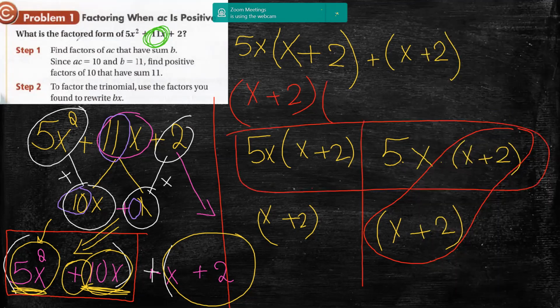If we remove x plus 2, what will be in the rest here? 5x. And if you remove x plus 2 here, what will you get? Nothing. A 1. So by now, we factorized this trinomial. It was x plus 2 times 5x plus 1. This is the factorized form of this trinomial.